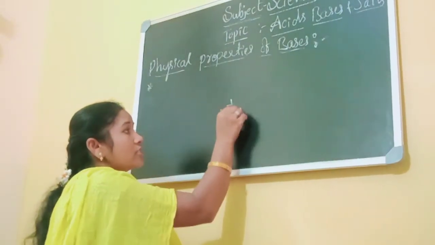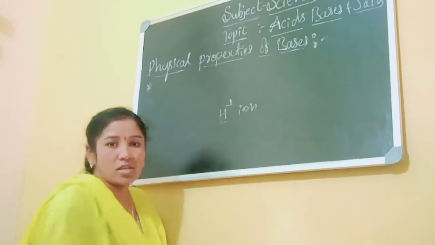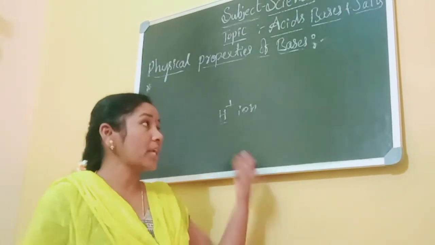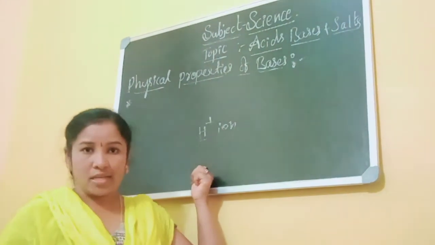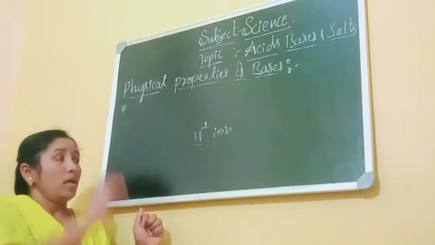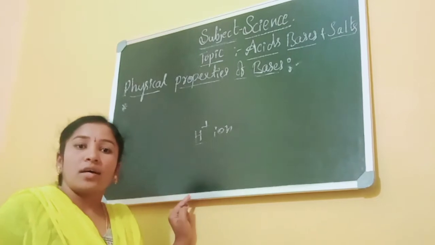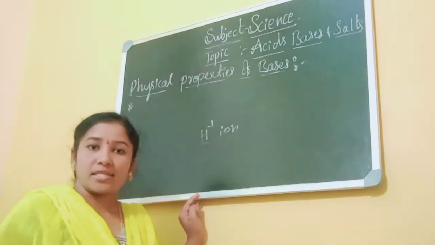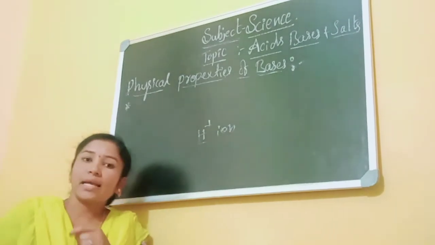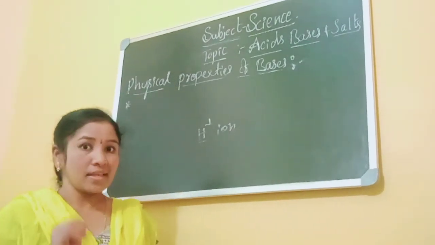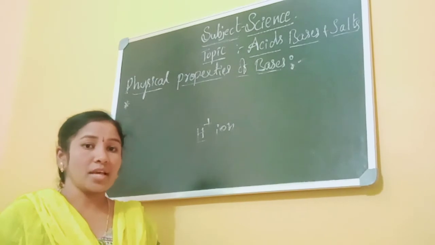H plus ions means hydrogen ions. More hydrogen ions are given by acids whenever they dissociate. Understand? And acids corrode metals. Whenever acids are poured on the surface of a metal, they can destroy and spoil it. These are some physical properties of acids.